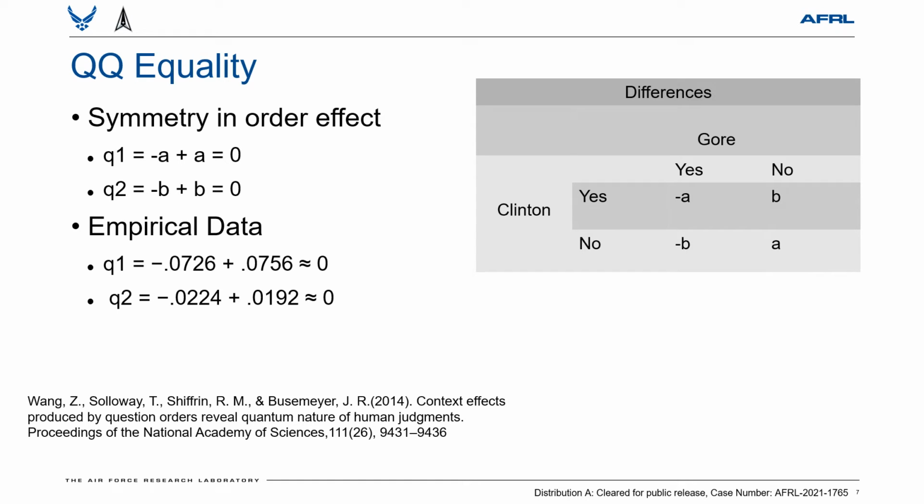Similarly, the second Q value is found by summing the off-diagonal elements, which again equals 0. As you can see, the empirical data from the Clinton-Gore example approximates this pattern. Long and colleagues found support for the QQ equality in several experiments in a large body of Gallup polls.